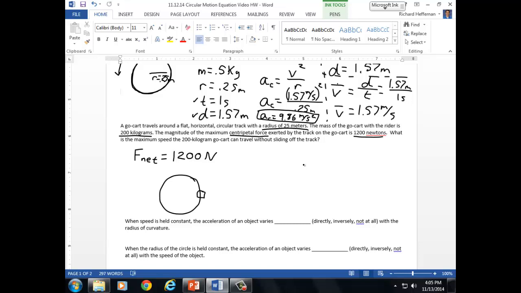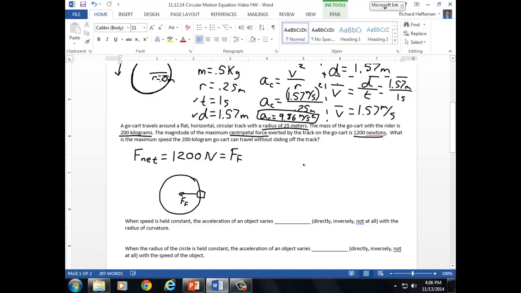But for right now, what's making this go-kart travel in the circle is the force of friction pointed towards the center of the circle. So in this case, the net force, the force of friction, is equal to 1,200 newtons.